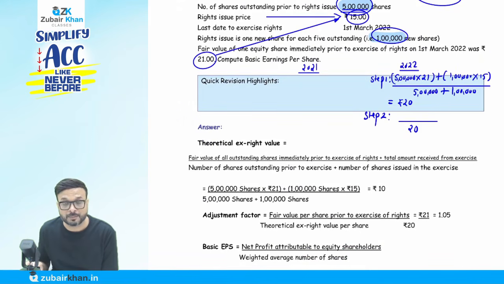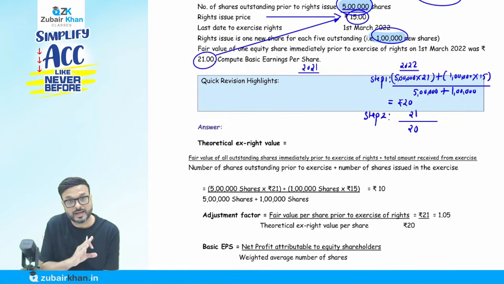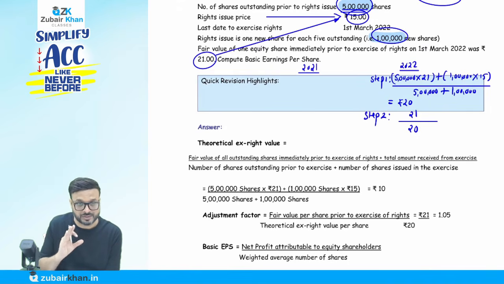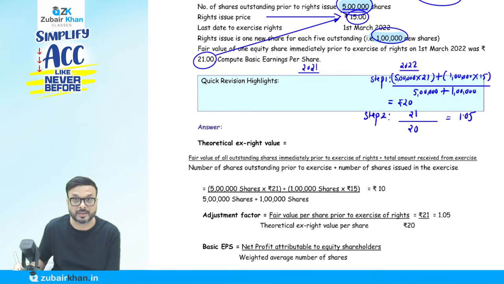What is the fair value? Fair value is 21. So the market value before the rights issue was 21. And the theoretical ex-rights value means the market value after the rights issue. So the market value before the rights issue was 21 and after the rights issue is 20. So there is a bonus element. It was 21, now it is 20. That is coming 1.05. We call it the adjusting factor.